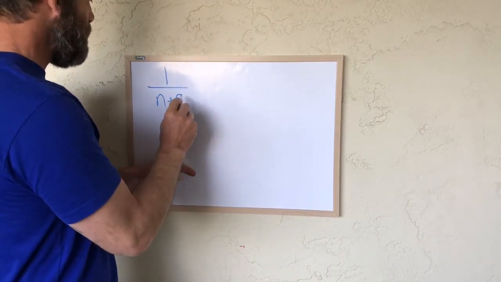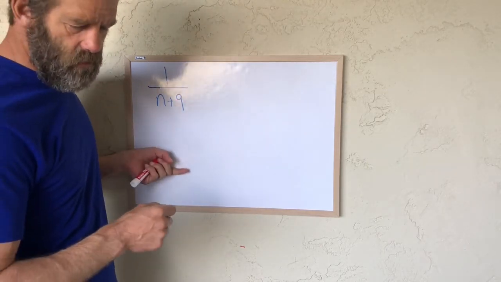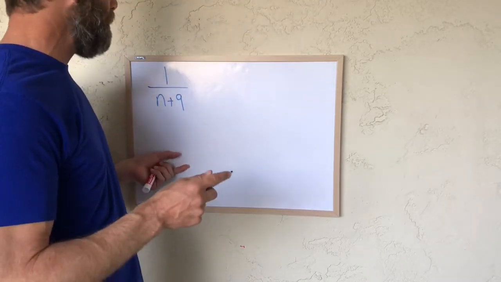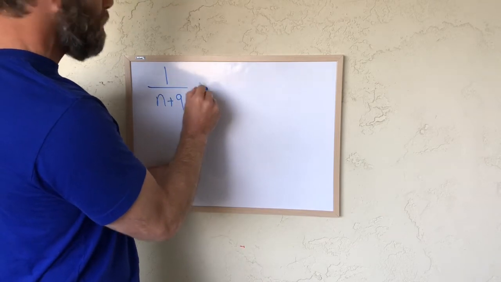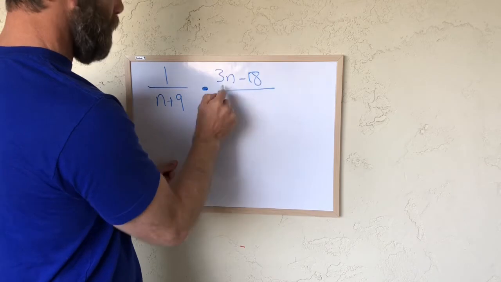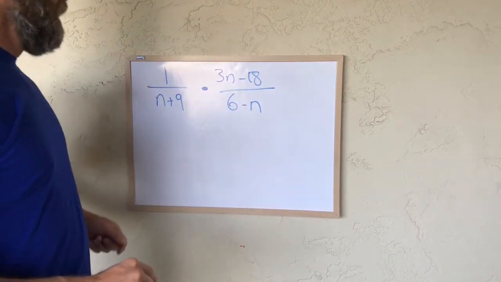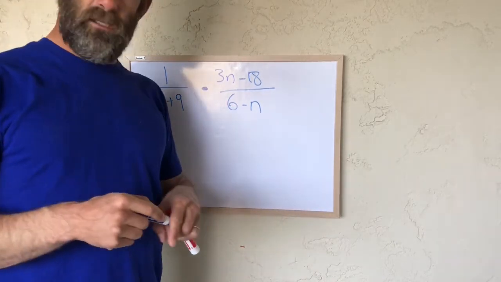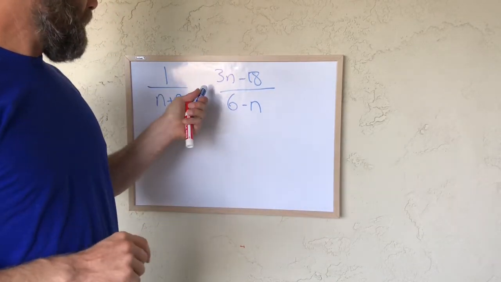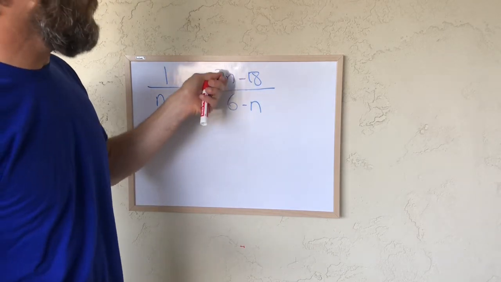1 over n plus 9 divided by 6 minus n over 3n minus 18. But I'm going to change it to multiplied by the reciprocal, 3n minus 18 over 6 minus n. The reason is that this is divided by, but I'm changing it to multiplying by the reciprocal.